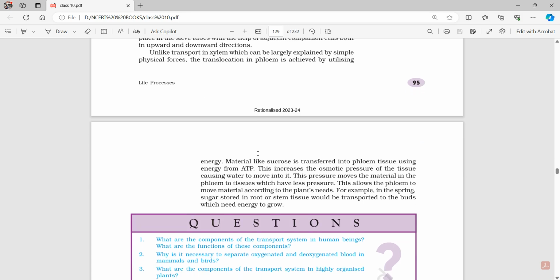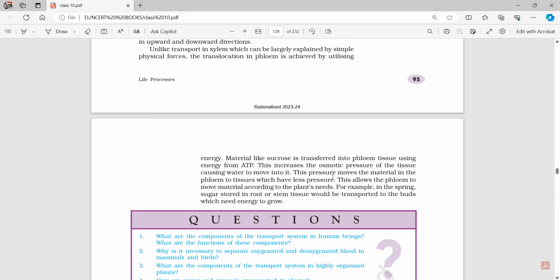This increases the osmotic pressure of the tissue, causing water to move into it. This pressure moves the material into the phloem to tissues which have less pressure. This allows the phloem to move material according to the plant's needs. For example, in the spring, sugar stored in root or stem tissue would be transported to the buds, which need energy to grow.